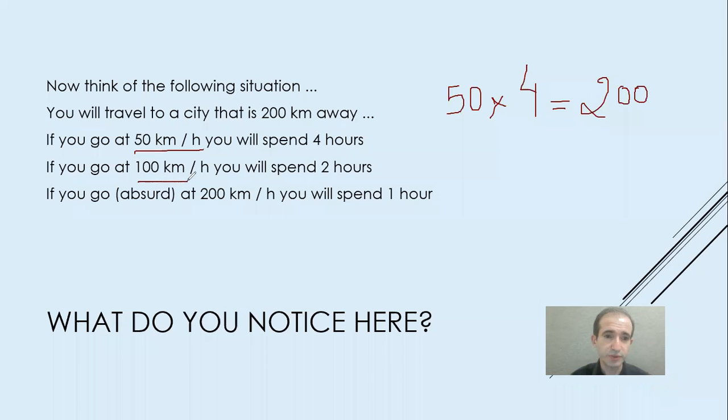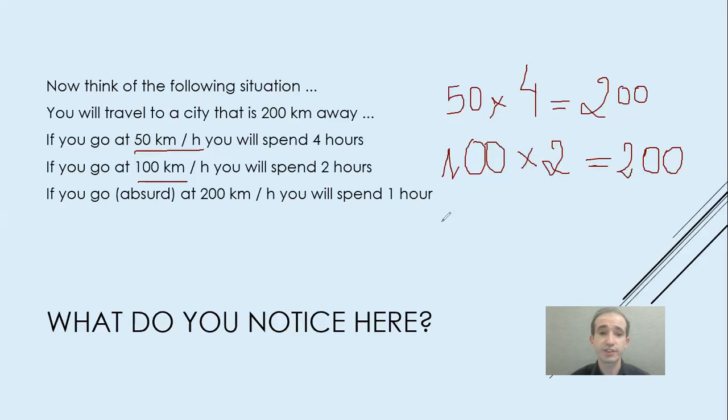The second speed, 100 kilometers per hour, times 2 hours, the trip's duration, we have 200. My outcome in this case is 200.